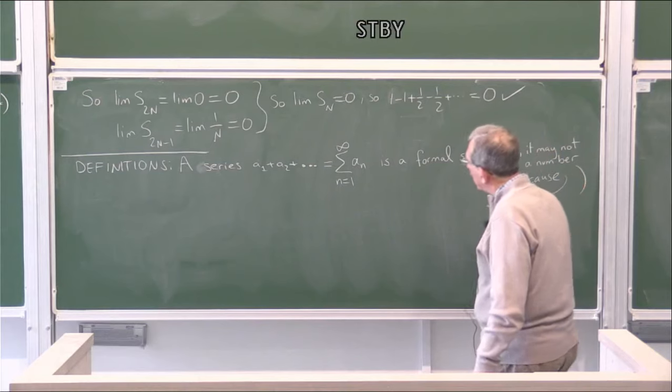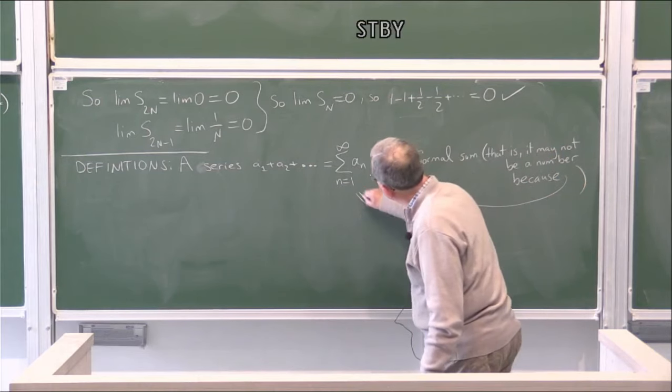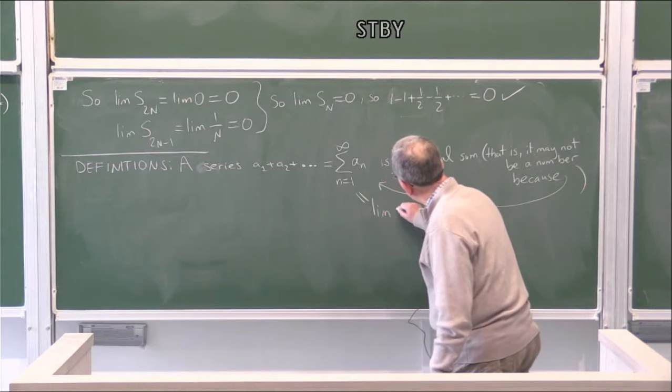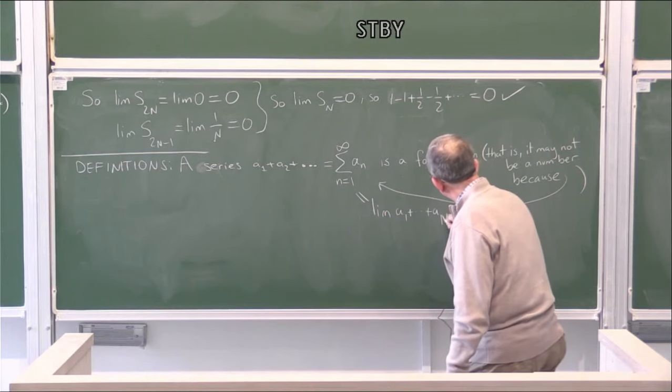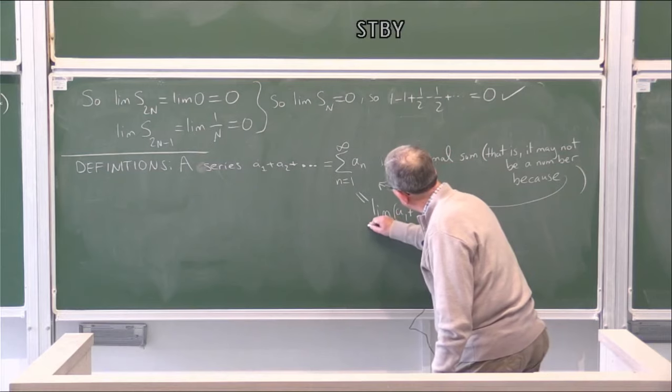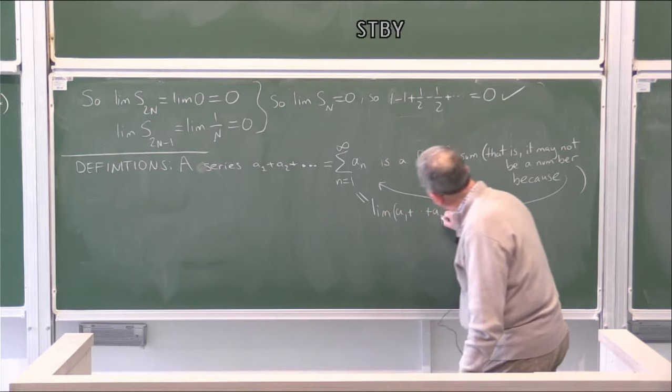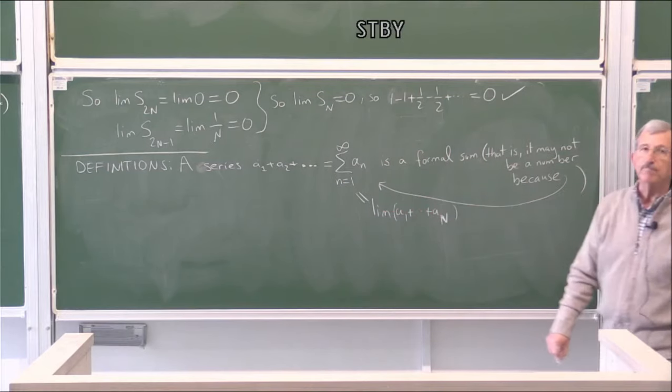Because this is the limit of A1 plus up to AN, when of course n goes to infinity.